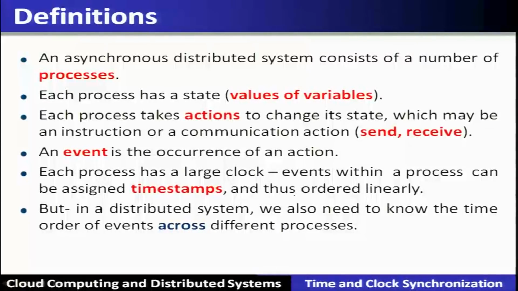So, it is all collapsed and we call it the state of a process. Now, this process takes different actions to change its state, which may be an instruction or a communication message. So, that means there are three different ways the state can change. The first is when an instruction is executed, the second is when a communication takes place, that is in the form of a send or a receive of a message.